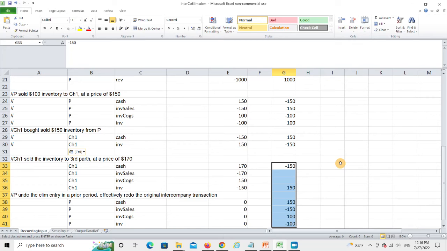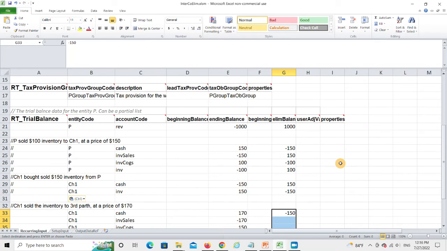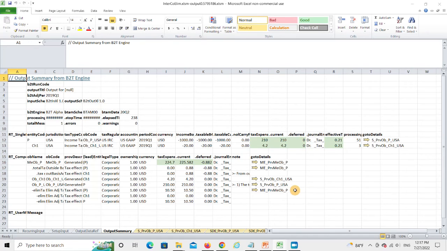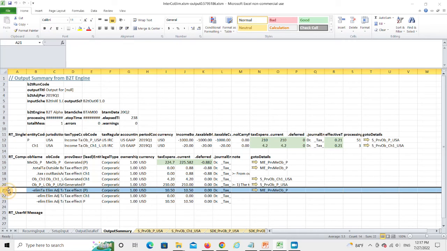So that's it. Let's see what happens. We're going to save it, and we're going to submit it and see how the engine would handle the tax effects of the elimination entries. So it is done. Let's open the output file. Now here it is. The number is different from the previous one, and we're going to focus on the elimination.